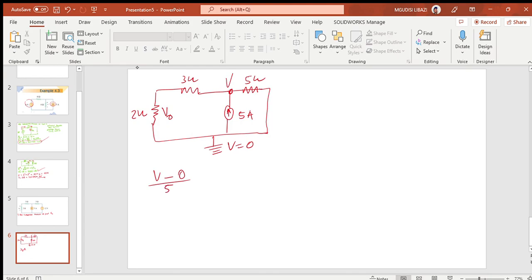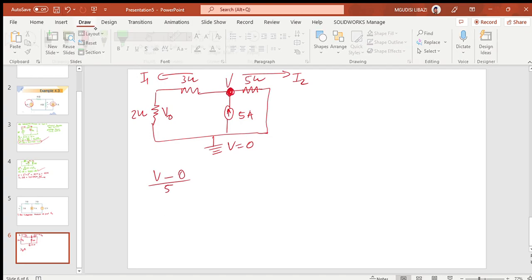That's the first current, I1, and on that side the current goes this way, which is I2. We know that this 5 amps goes straight to my node there, which is node V.